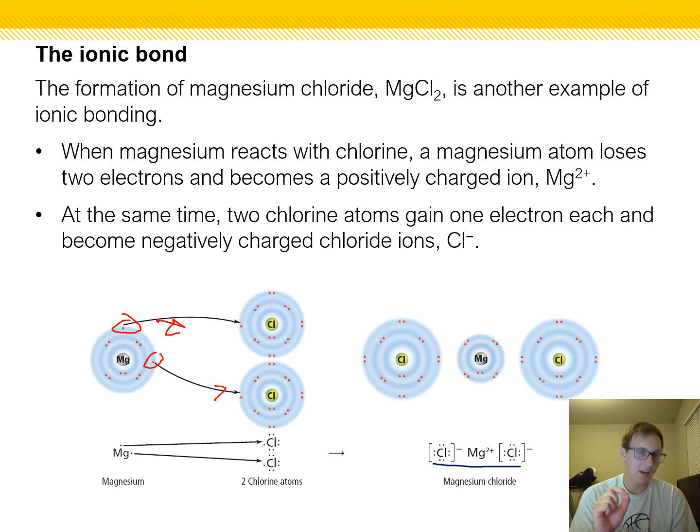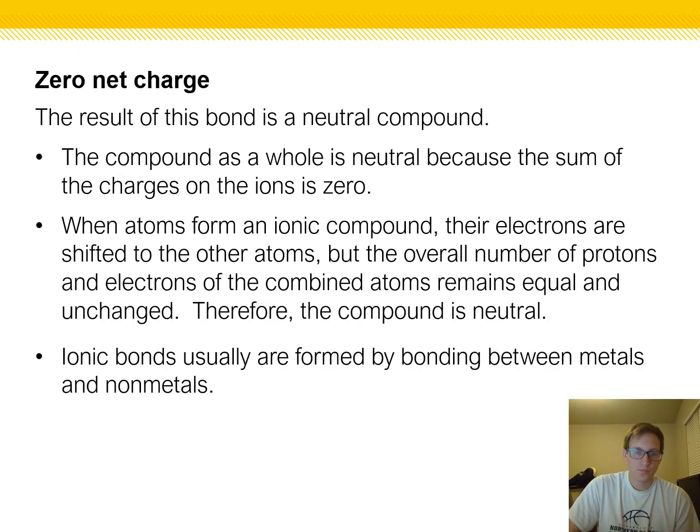Remember again that ionic bonds have to be a transfer of electrons. You have to give them away or receive them to be ionic. So let's bring back the idea of 0 net charge. The result of this bond is a neutral compound. The compound as a whole is neutral because the sum of the charges is 0.